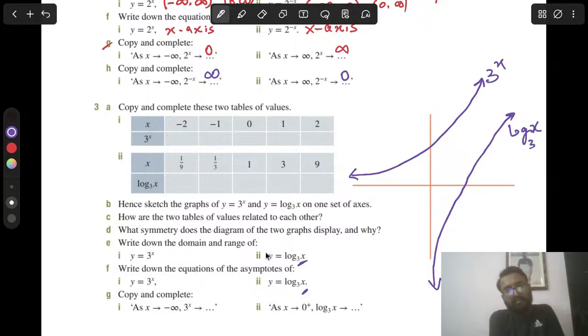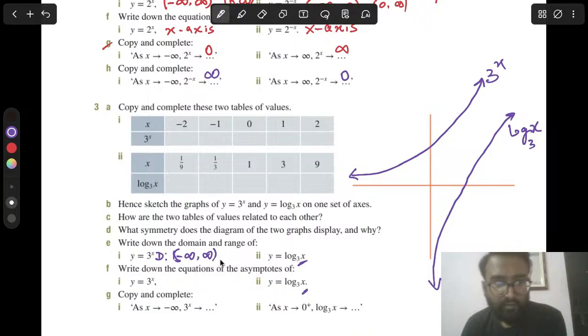Now please tell me, what is the domain of 3 power x? Very good. Negative infinite to infinite.